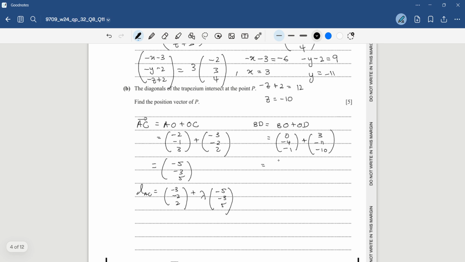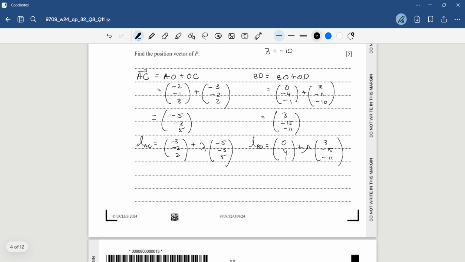Therefore, the vector direction will be 3, negative 15, negative 11. So this is the vector direction of BD. Therefore, line BD will be 0, 4, 1 plus mu times 3, negative 15, negative 11.